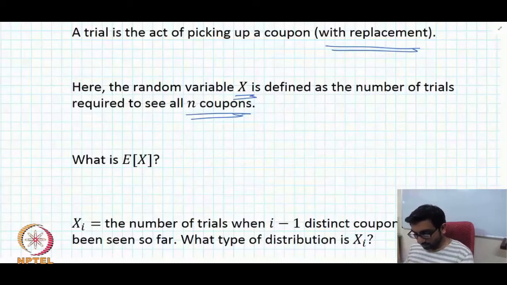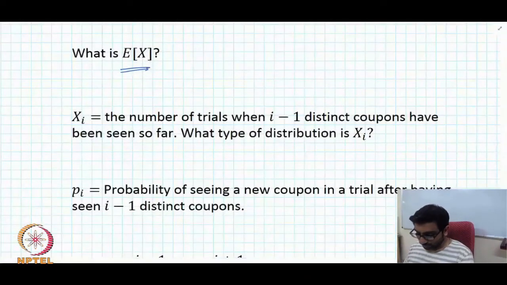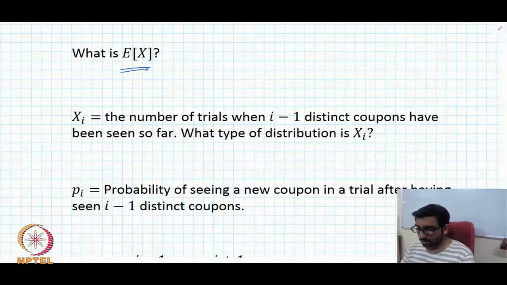And what is the expectation of this random variable? Again, we're going to use linearity of expectation, and for this we have to decompose the random variable x into component xi's in the appropriate way. Here's how we're going to do it. Xi is the random variable that denotes the number of trials needed when i minus 1 distinct coupons have been seen so far.